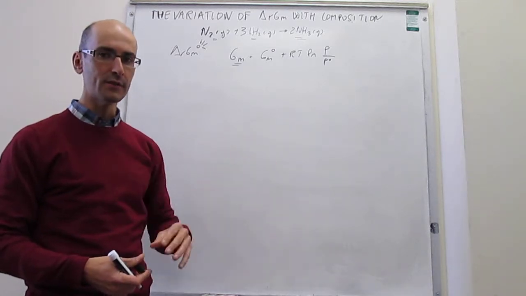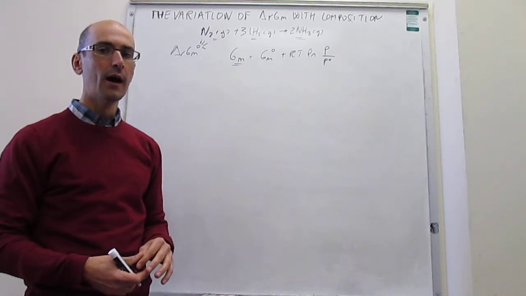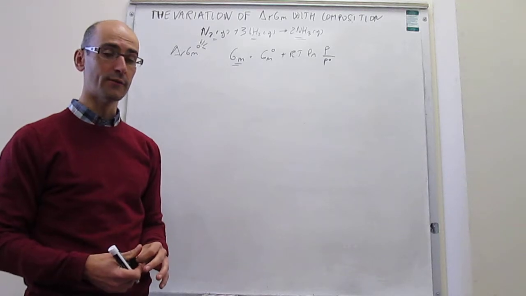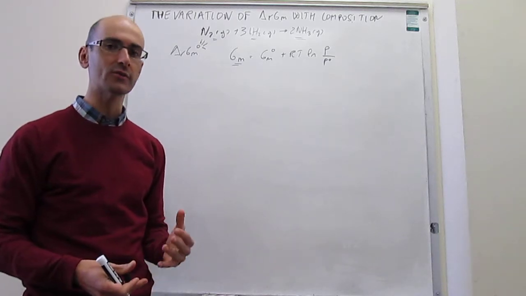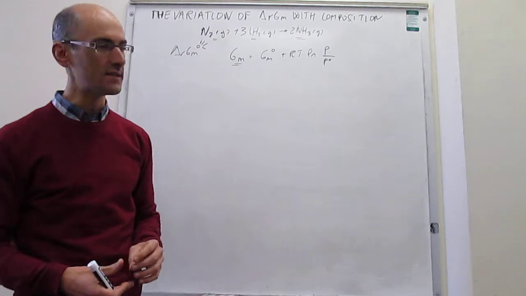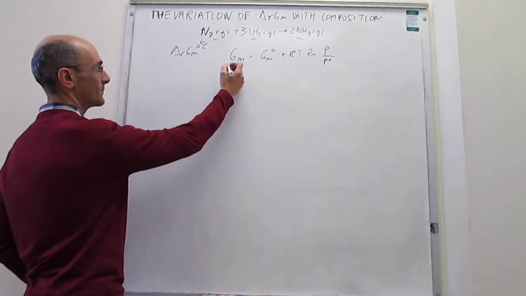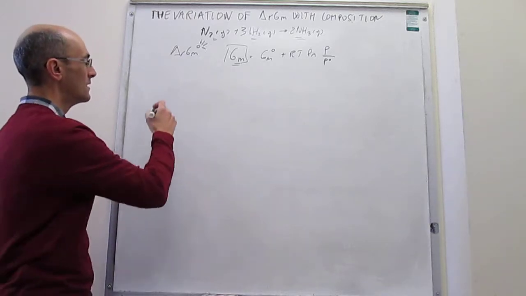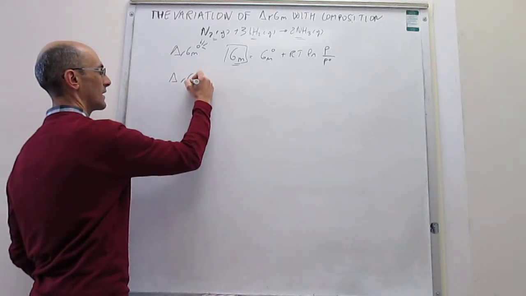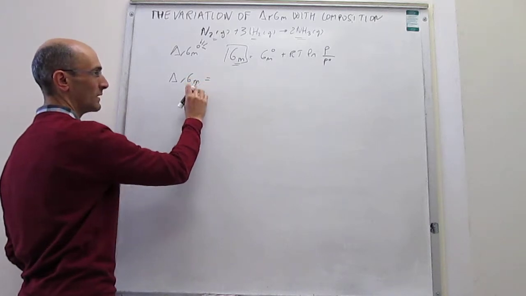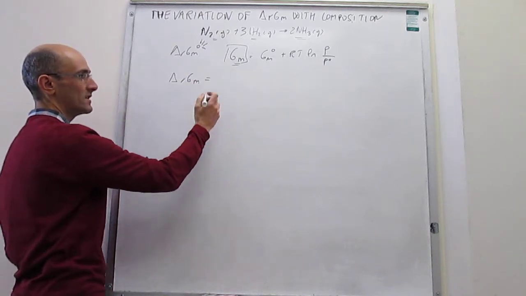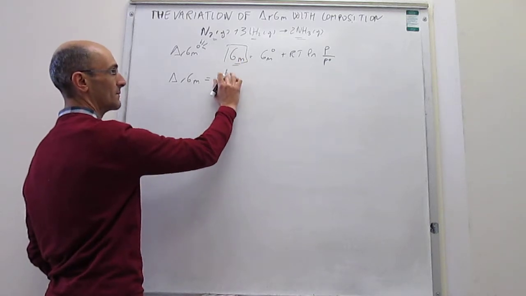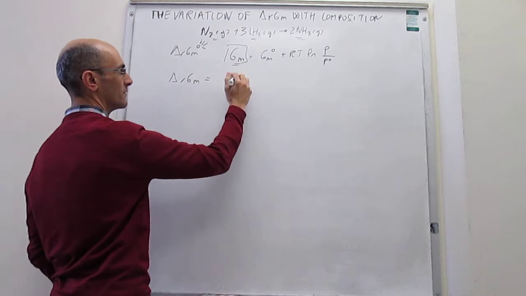Now, from this definition, we can try to calculate the Gibbs energy of a reaction under any conditions and not only at standard state. Notice that this gives you a measure for the Gibbs energy of any substance. Now we can take that into the calculation of the Gibbs energy of the reaction under any conditions, not at the standard state, and that is simply going to be equal, for this reaction, to the Gibbs energy of products minus the Gibbs energy of reagents.